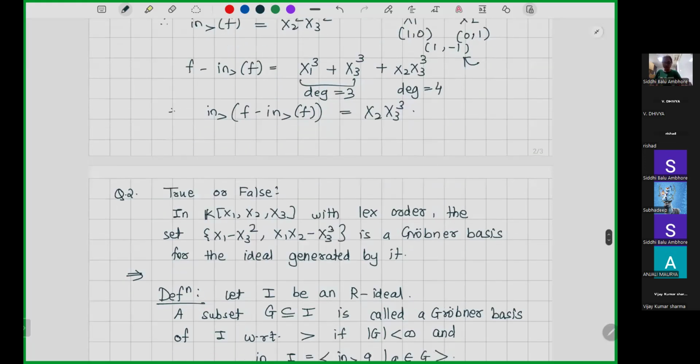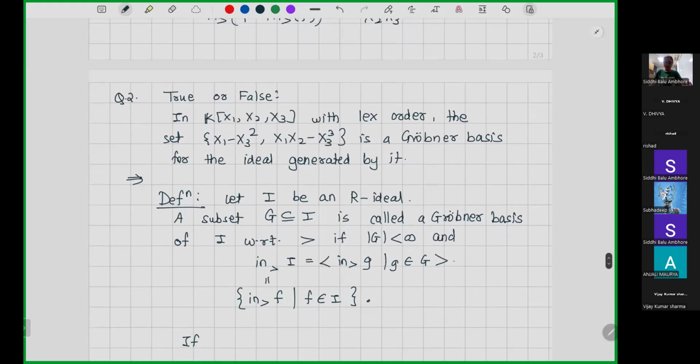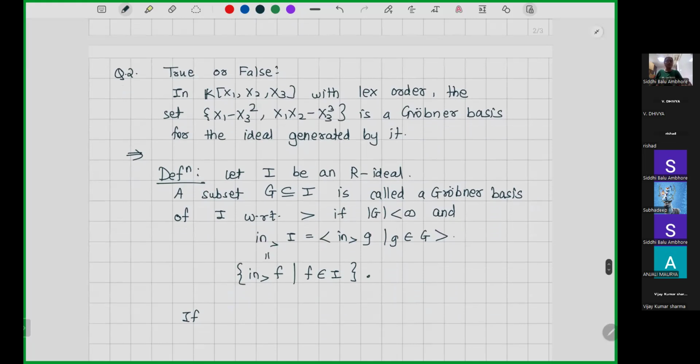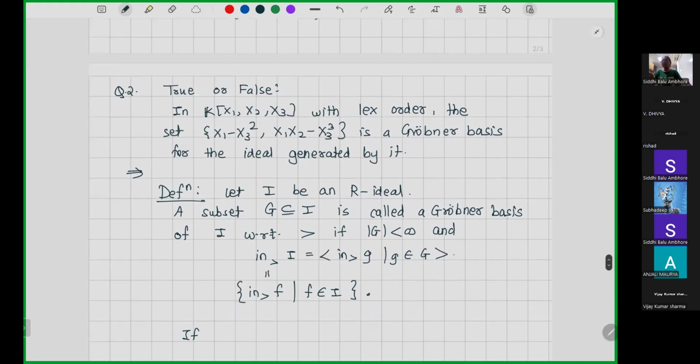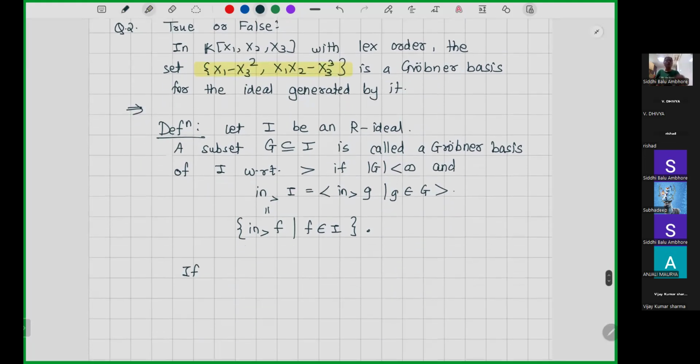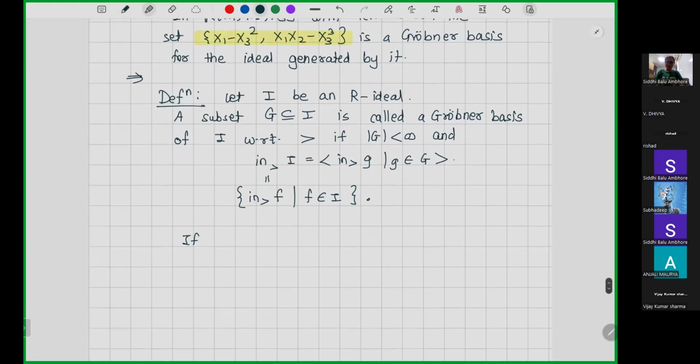And now we will move to the second question. The second question was asking about true and false, and we have to check whether this set forms a Gröbner basis of the ideal generated by these two elements. Okay, and let's check whether that is the case.